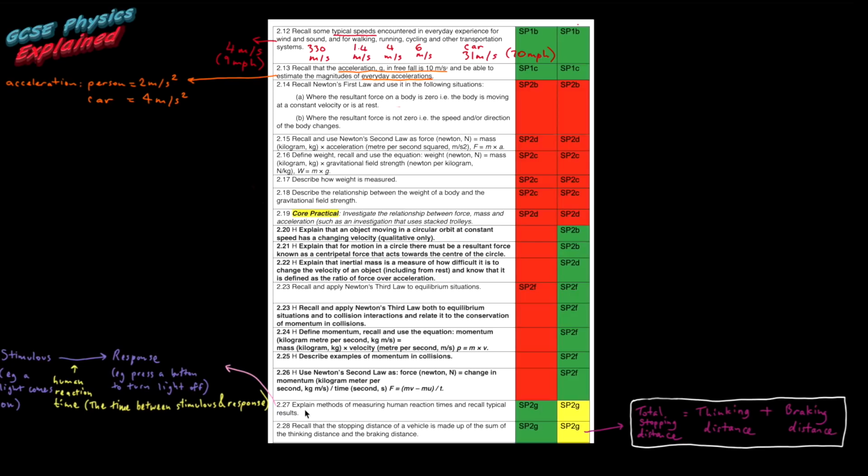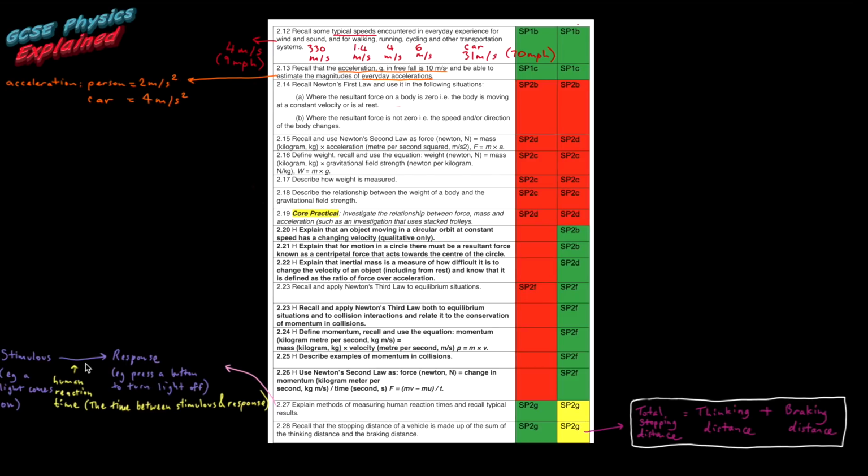But we do need to know, or to be able to explain, methods of measuring human reaction times and recall typical results. So the typical result of a human reaction time is about 1/4 of a second. How do we know that? Well, if we get a computer to do a stimulus, such as turning a light on, and then you get a human to respond to that stimulus, could be pressing a button to turn the light back off.